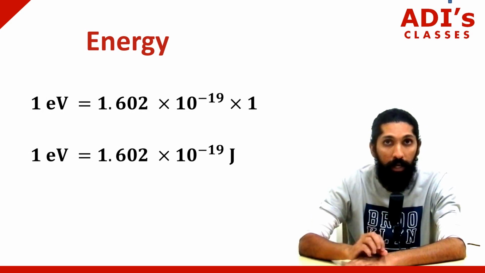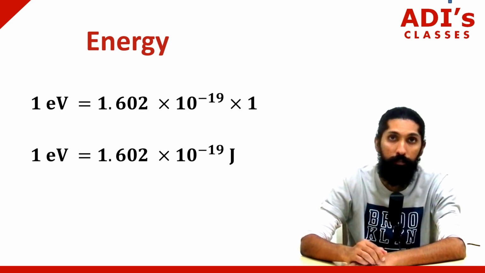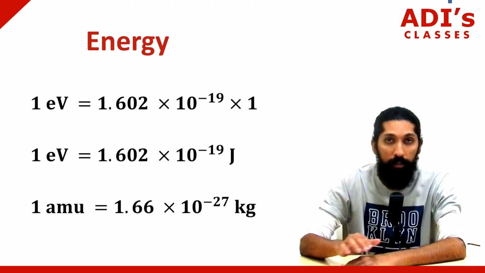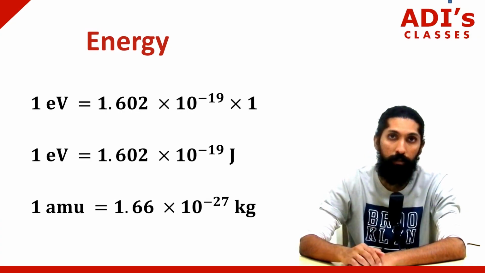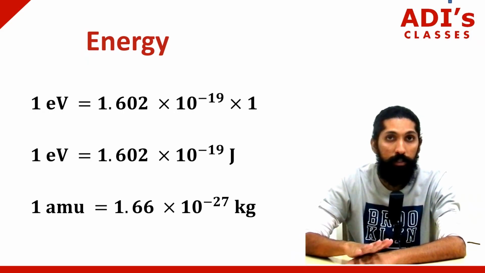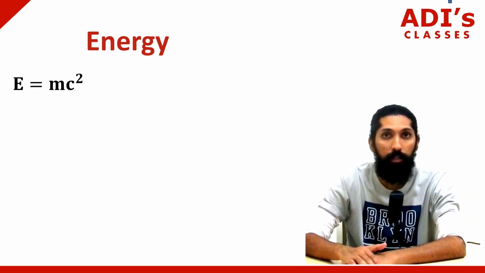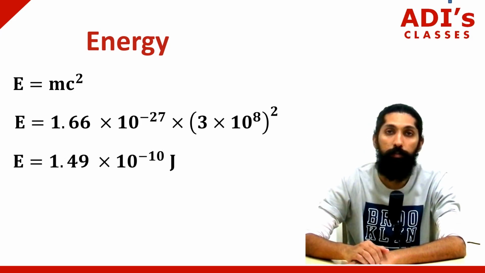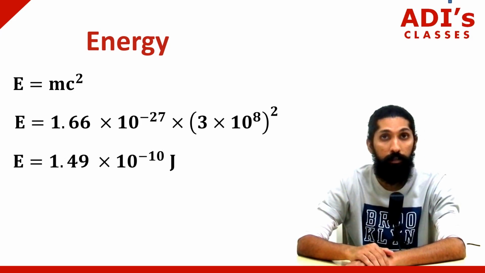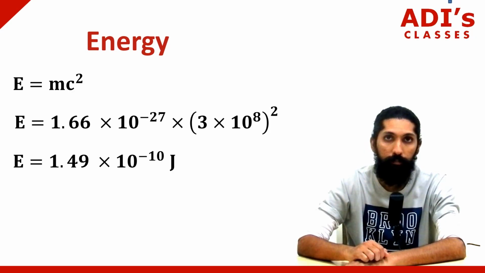When you talk about 1 AMU, atomic mass unit, this is where we use the mass energy equivalence, E is equal to mc square. So E is equal to 1.66 into 10 power minus 27 into 3 into 10 to the power of 8 whole square, which becomes 1.49 into 10 to the power of minus 10 joule.